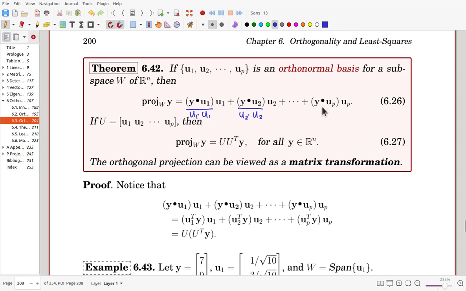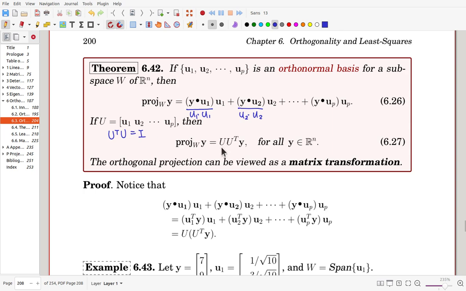Right? Now, if we collect these basis vectors into a matrix U, then of course this matrix, because each column is orthonormal, has orthonormal columns, so it will satisfy U transpose U equals identity. Now, this is not the result. Once we collect these vectors, then the projection can be written in this form, U U transpose y.